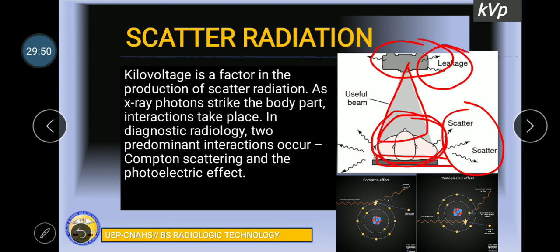Yan. So, sabi nga dito, there are two predominant interactions: Compton and photoelectric effect. This Compton scattering and photoelectric effect will be discussed more in-depth doon sa RT212, radiation production and characteristics.